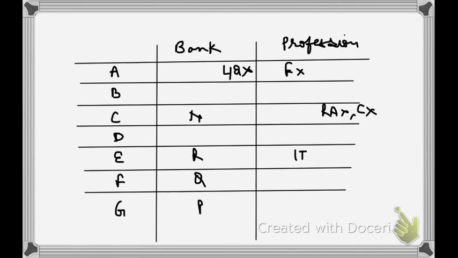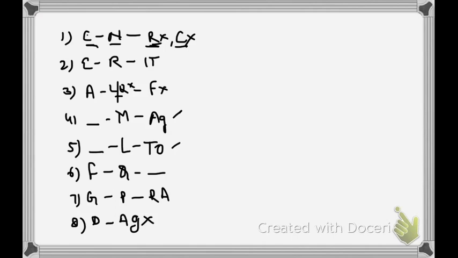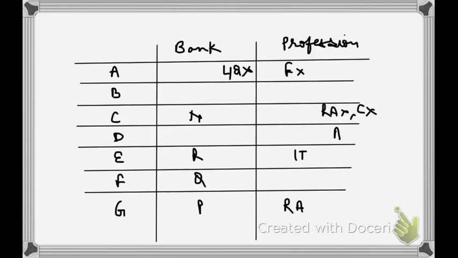Then it is given that D doesn't work as an agriculturist, so we mark in front of D that he can't work as an agriculturist.